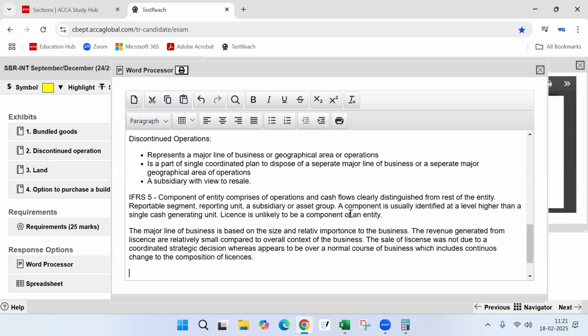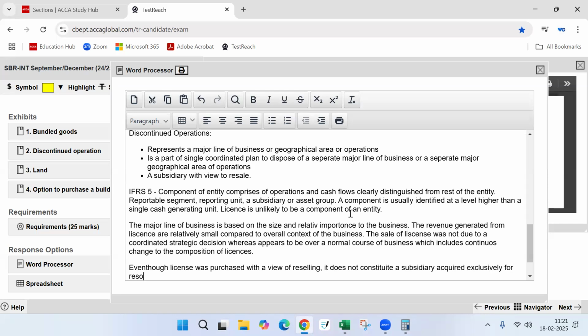Okay. So even though the license was purchased with a view of reselling, it does not constitute a subsidiary acquired exclusively for resale.